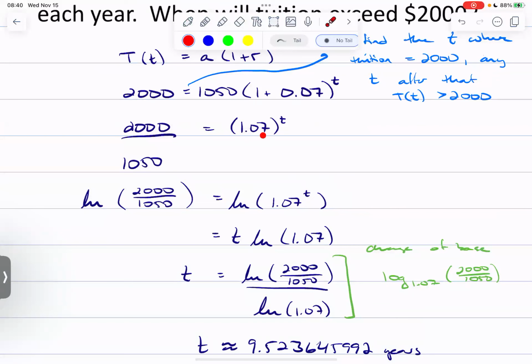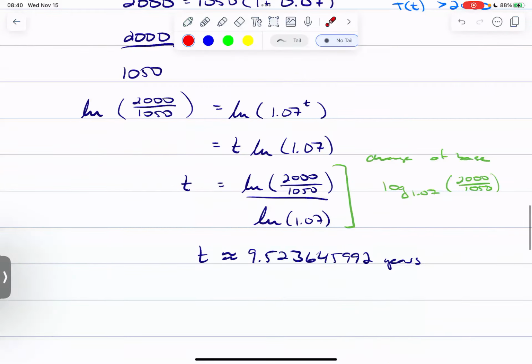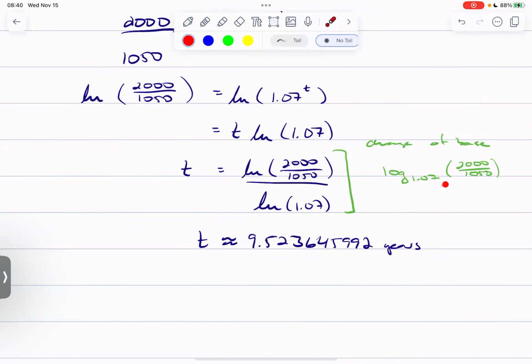We said, well, I could be sneaky and use log base 1.07, and then I wouldn't have to deal with a log on one of the sides at least. But you get the same answer, and you can check it on your calculator. I promise they'll be the same.